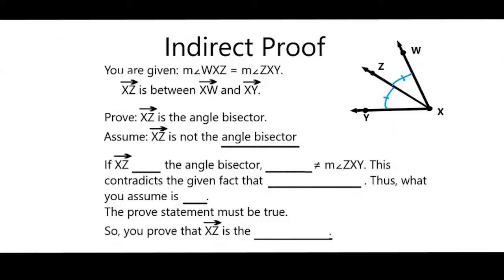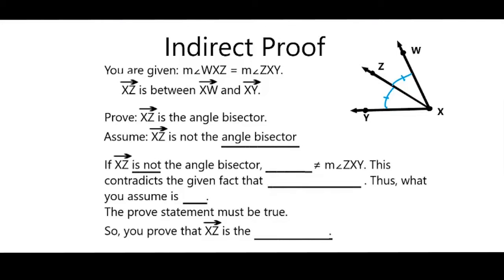So what I've done here is I've given you a proof and we just need to fill in the blank. Okay, so there's some blanks here that we want to fill in to make this a paragraph proof. So if ray XZ blank the angle bisector, well, what are we assuming? We are assuming that ray XZ is not the angle bisector.